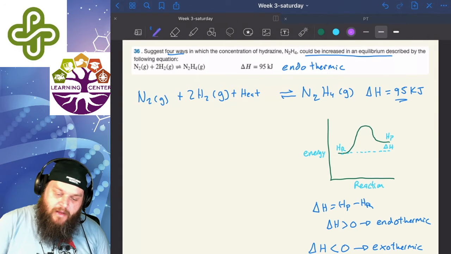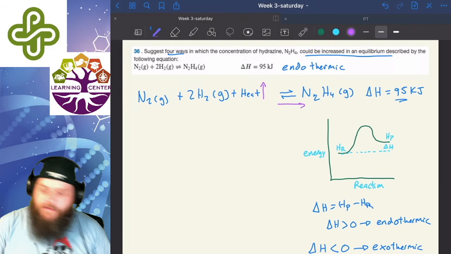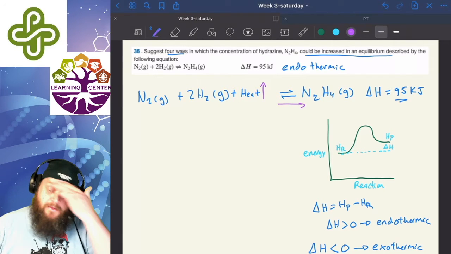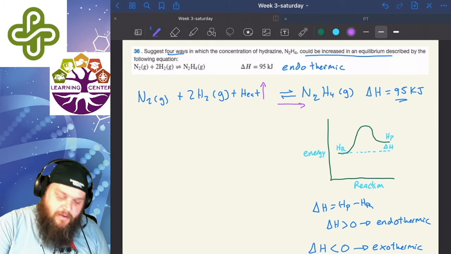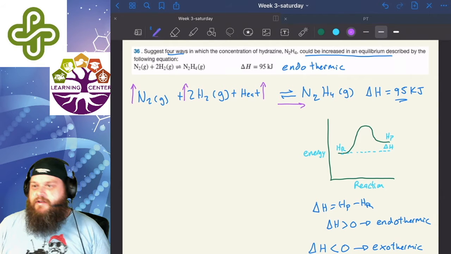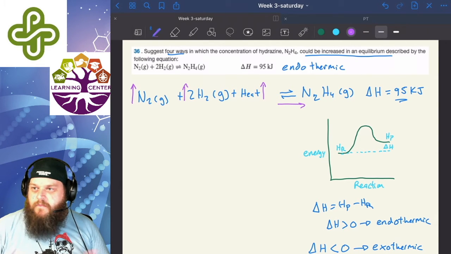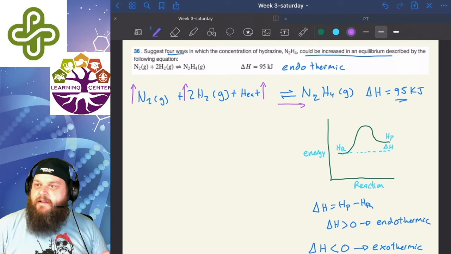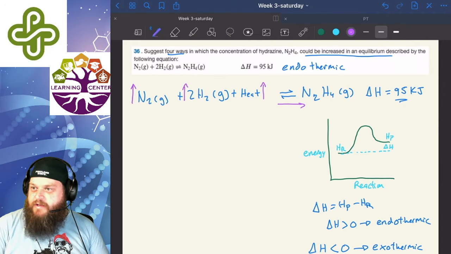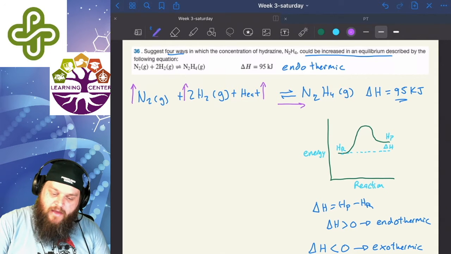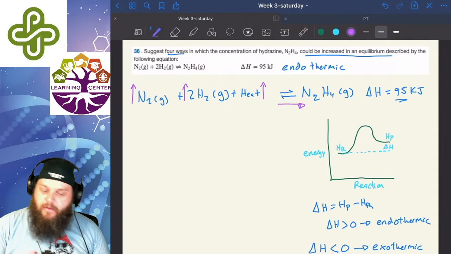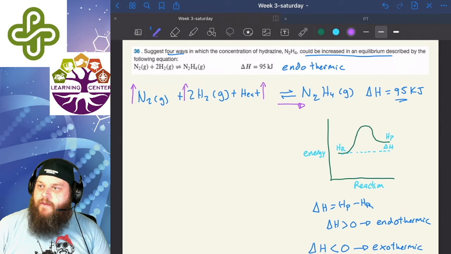If we were to increase this heat here, the reaction is going to shift to the right, because we're increasing one of the reactants, in this case heat. We could also increase the concentration of H2 and increase the concentration of N2. All three of those are reactants, and if we increase their concentration or the amount of heat given, we can drive this equilibrium more to the right-hand side, producing more of that product.